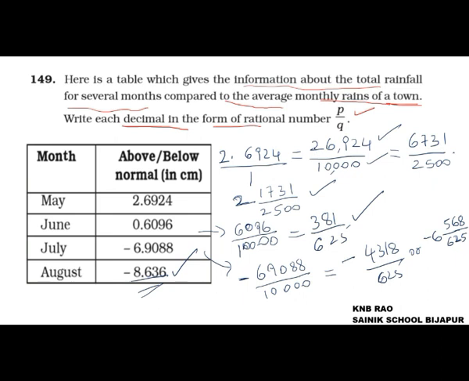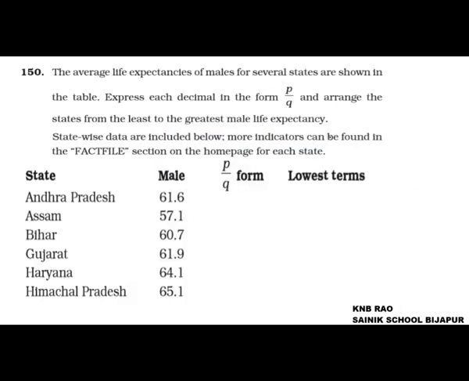So, coming to the question number 150. The average life expectancies of males for several states are shown in table. Express each decimal in the form of P by Q and arrange the states from the least to the greatest male life expectancy.